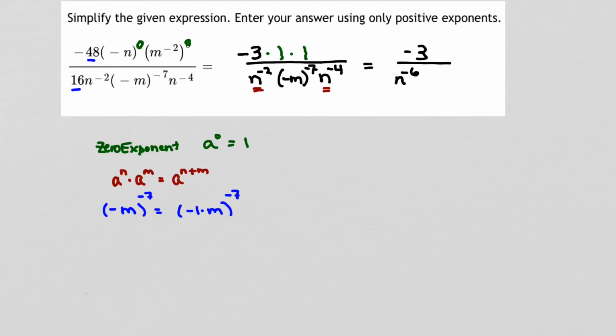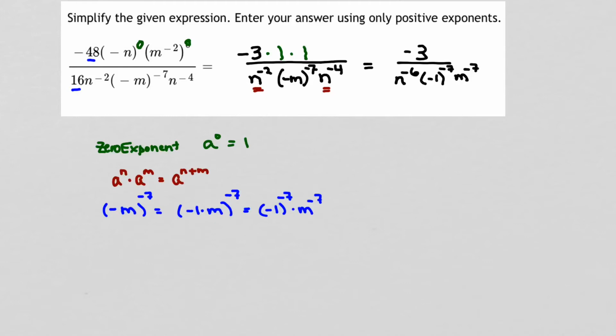So really, I have a negative 1 being raised to a negative 7th power, and I have an m being raised to the negative 7th power. So that's what's going to be inside my denominator: a negative 1 to the negative 7 power, and an m to the negative 7 power.